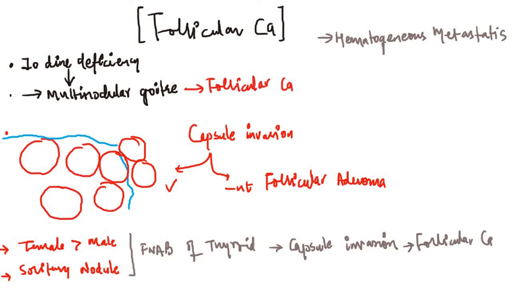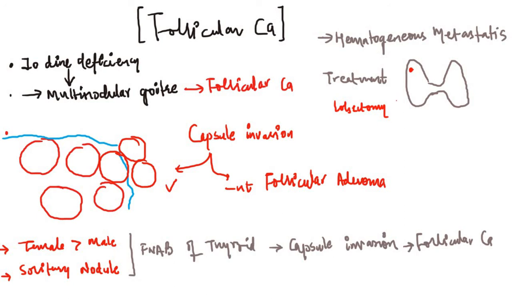Now let's talk about the treatment of follicular carcinoma. So obviously the treatment of follicular carcinoma will depend upon the size of follicular carcinoma and the site of follicular carcinoma. Let's say the size of follicular carcinoma is small, then the treatment will be lobectomy, in which we will remove the lobe of the thyroid gland which is harboring that lesion.